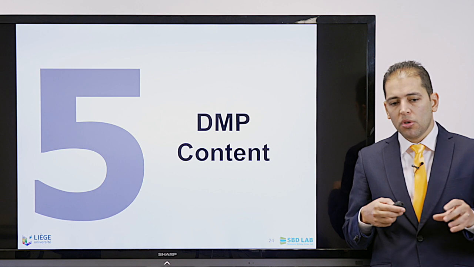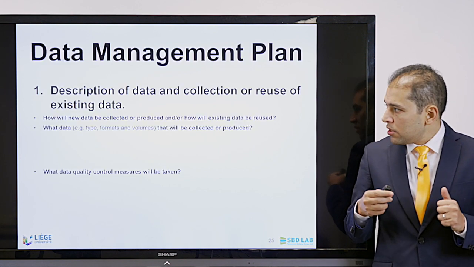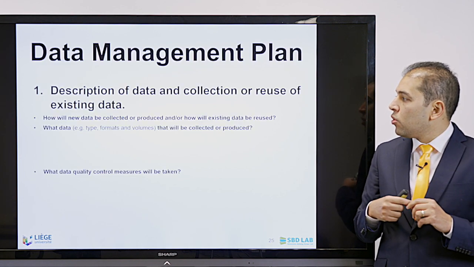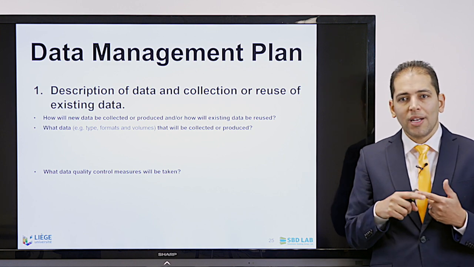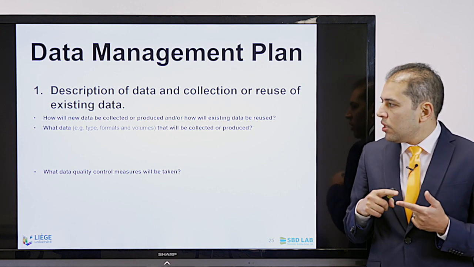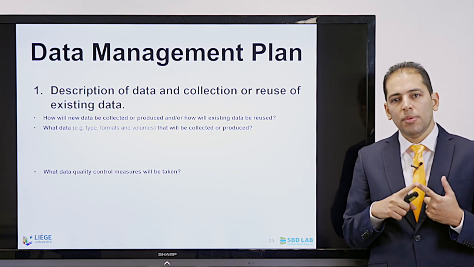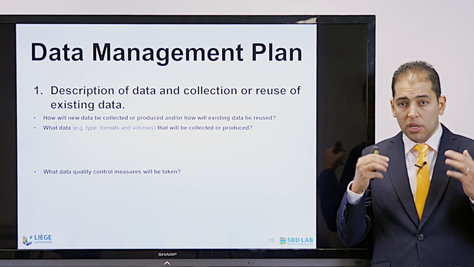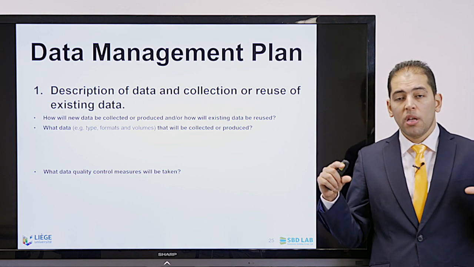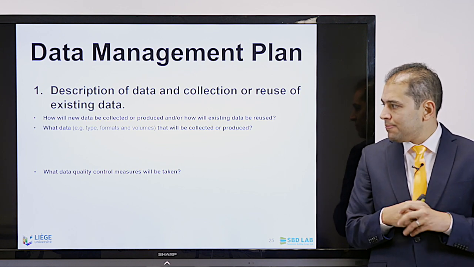Now, what is the content of a data management plan? Let me get you more into detail. Number 1, you will have a description of the data collection or reuse of existing data, and you need to answer the following question. How will the new data be collected or produced, and how will existing data be reused? You answer this question, and you have the first paragraph in your data management plan.